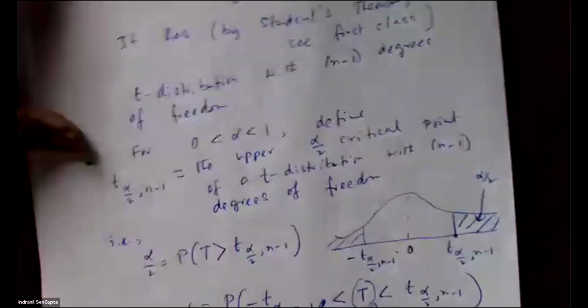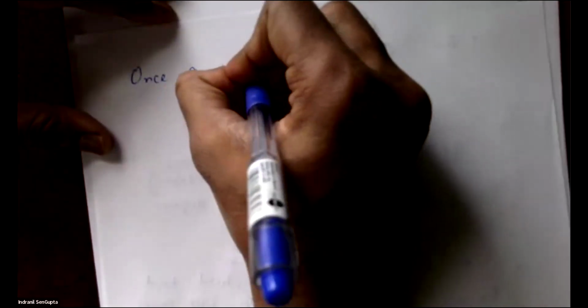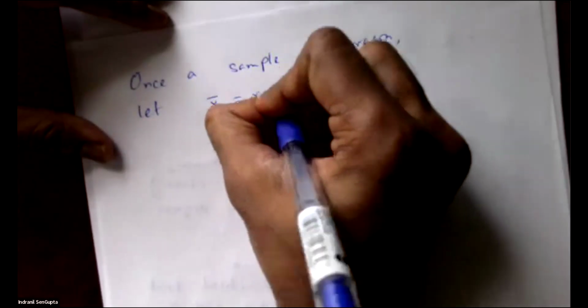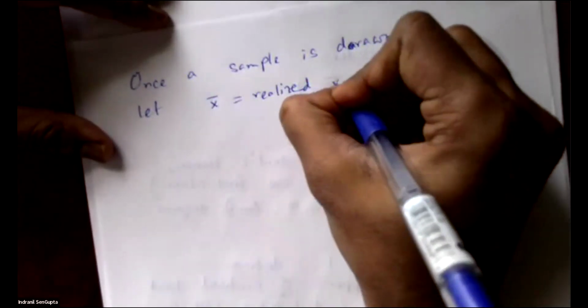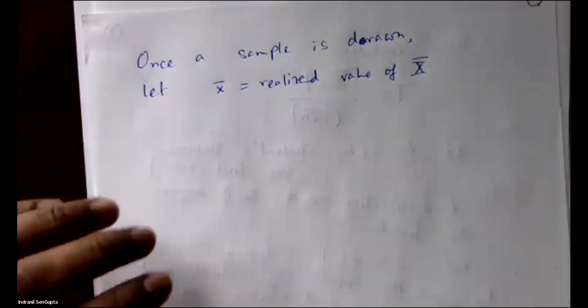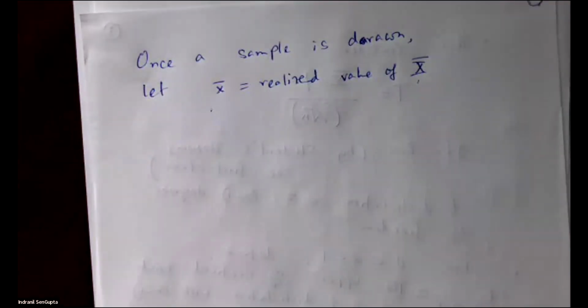Let me just write one more step and then show you a concrete calculation based on this one. It's very important. Once a sample is drawn, that means you can see the numbers. Let little x bar be the realized value of x bar. What does it mean? It means the value of x bar for a particular 10 numbers.